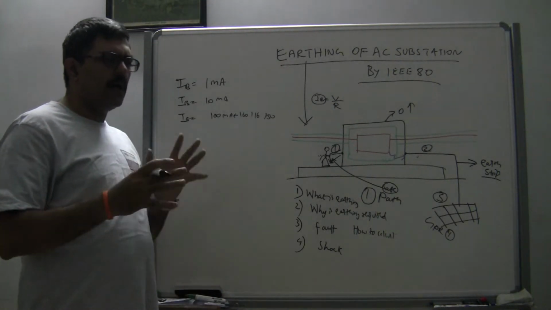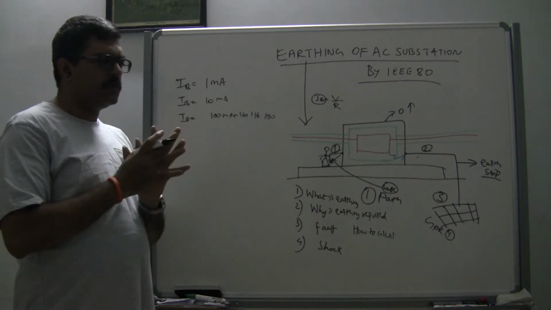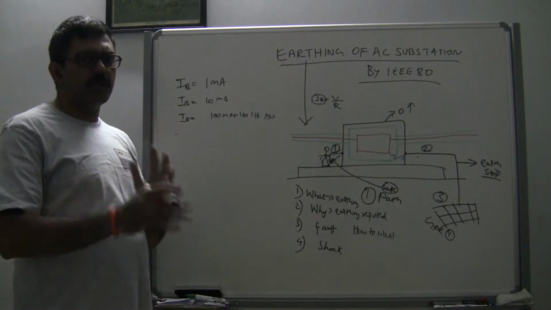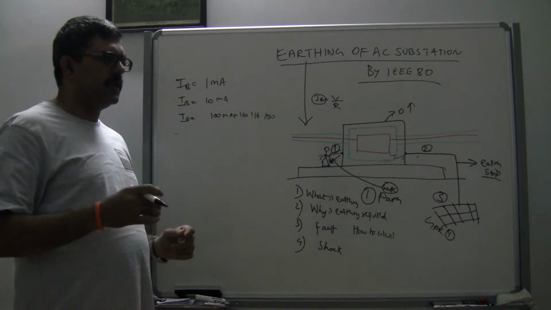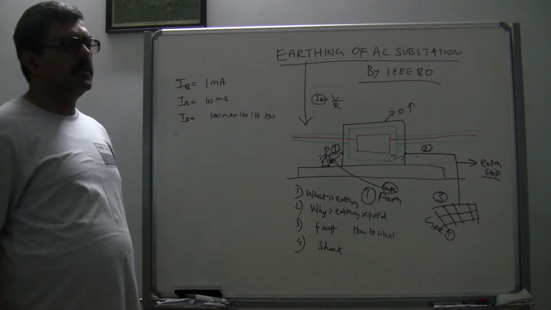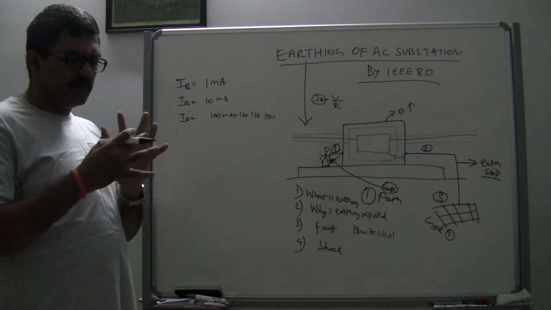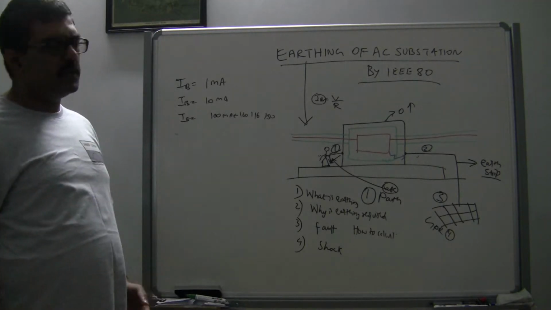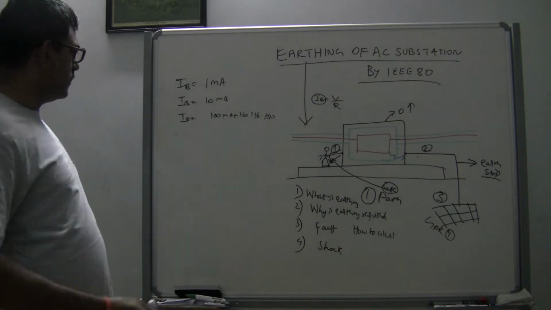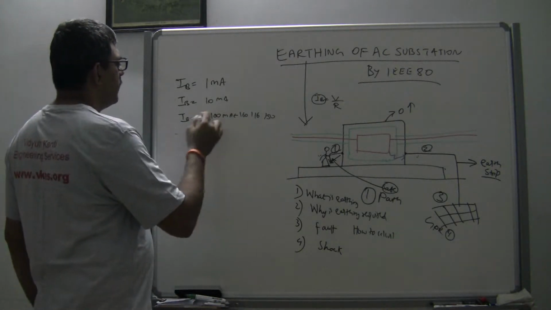Our heart keeps doing its action in a particular rhythm and it keeps getting an electric signal from the brain. So when this current flows, the heart's rhythm gets affected and the heart stops and the person dies. Basically, this current leads to fatality.